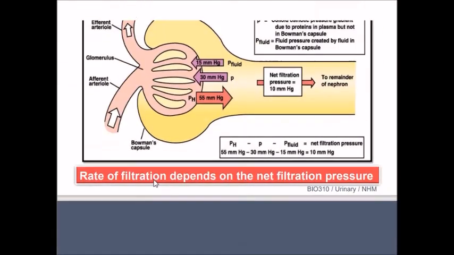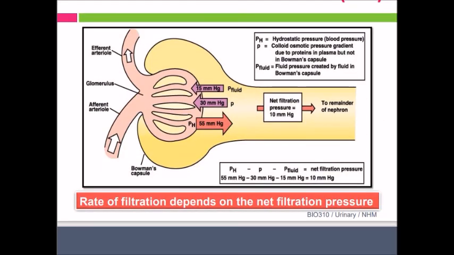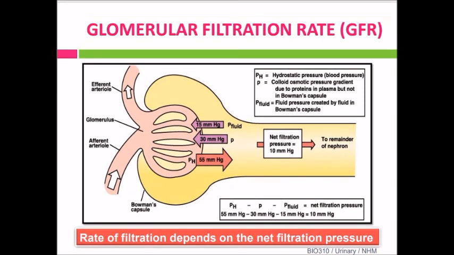So let's look here more so that you can understand more. First we have PH here. This is the glomerulus. This one is the Bowman capsule. PH refers to the hydrostatic pressure, or blood pressure, from the glomerulus.